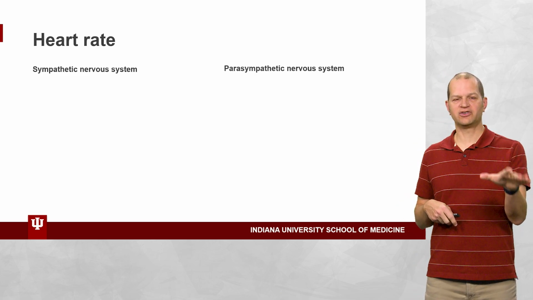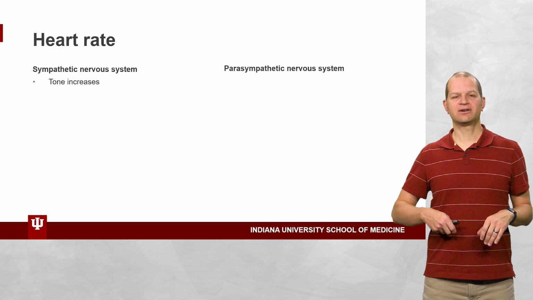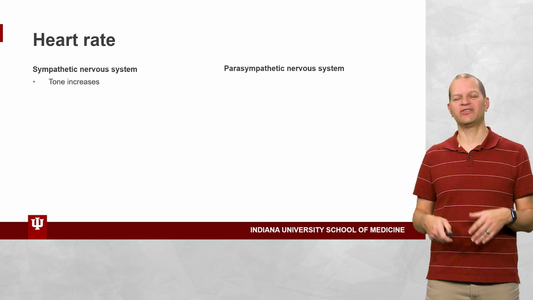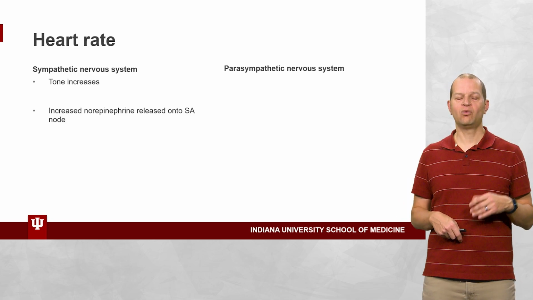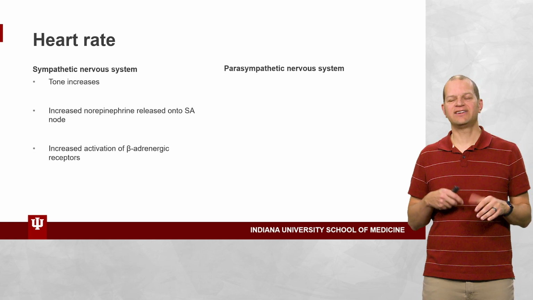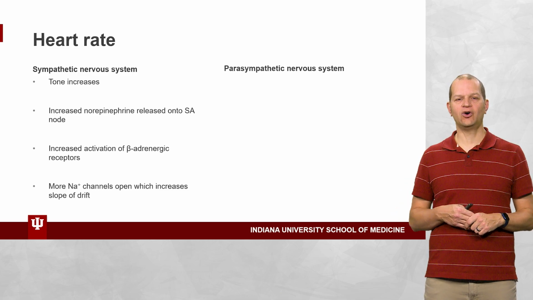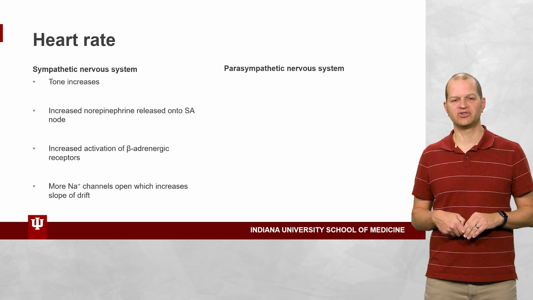So heart rate. Notice we've got a sympathetic nervous system and a parasympathetic. The sympathetic nervous system, we increase that tone or that activity. That causes more norepinephrine release onto the SA node, and so that activates beta-adrenergic receptors. As a result, more sodium channels open, which increases the slope of the drift.